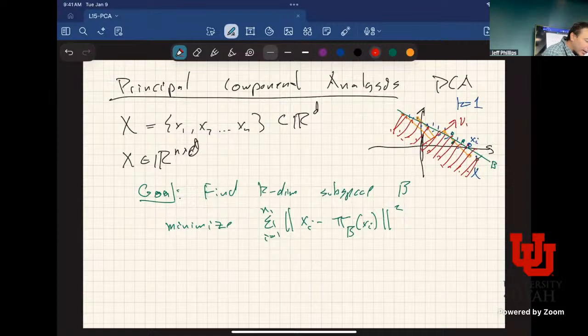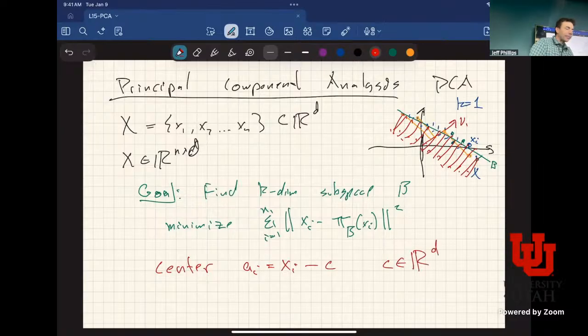So I'm going to center to get Ai, which is going to be xi minus a center vector C, where C is a vector in R^d. So I'm subtracting this vector C from every data point here to get a new data point Ai.